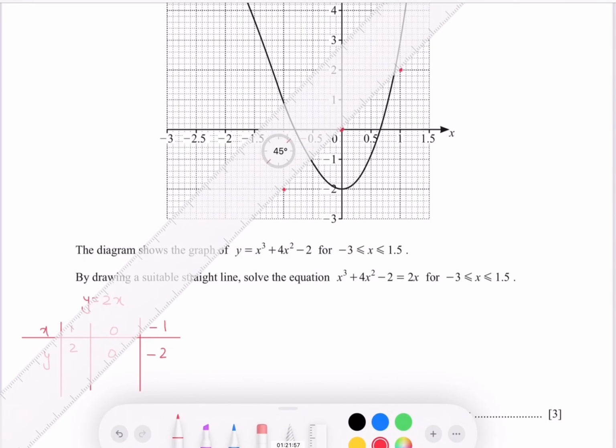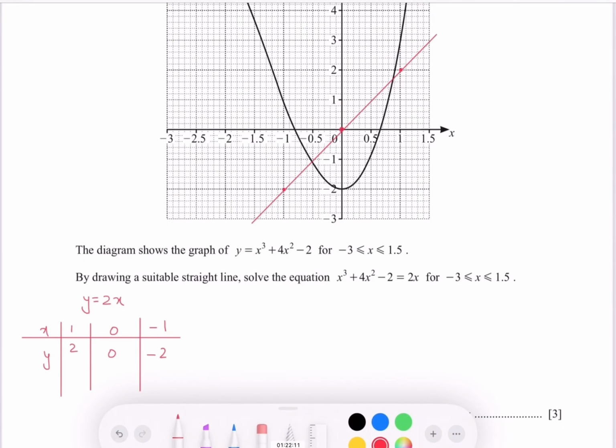Now make a straight line. So now this line is y is equal to 2x, and the crossing of this line with the curve will give you the values of x. So the first value is negative 0.5 and the second value is 0.8.